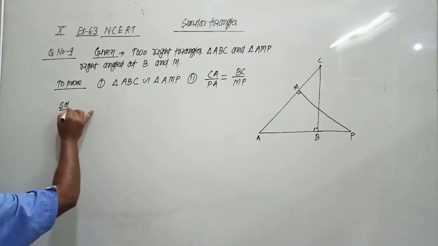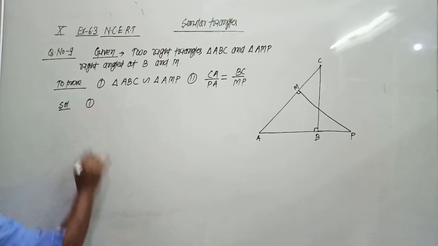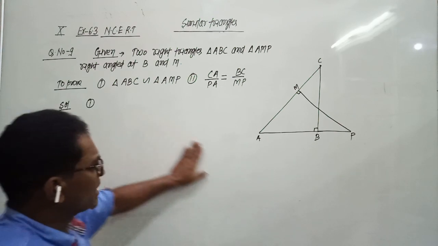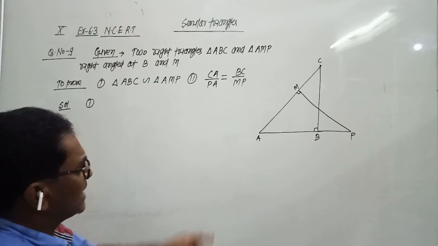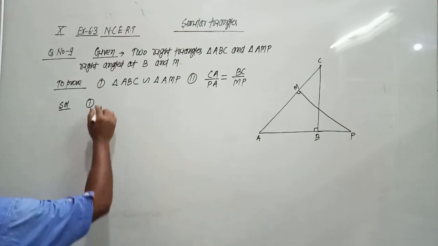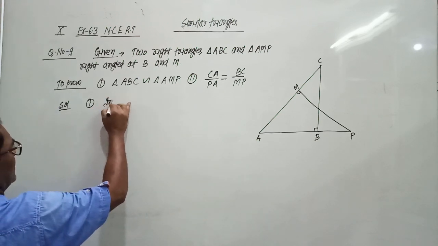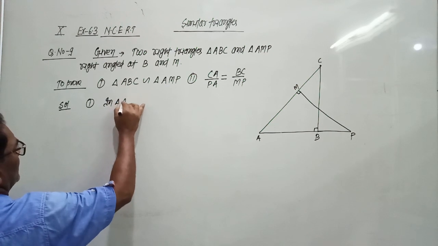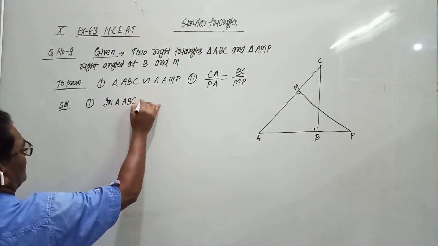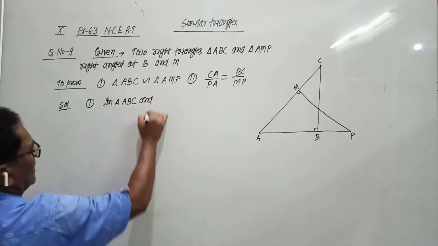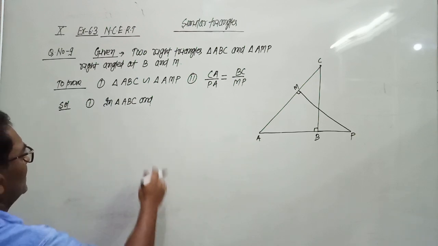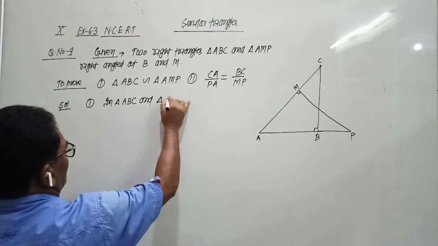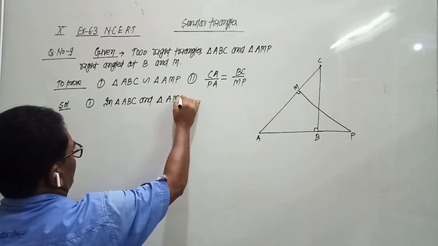So for the first part, we take two triangles, triangle ABC and triangle AMP.